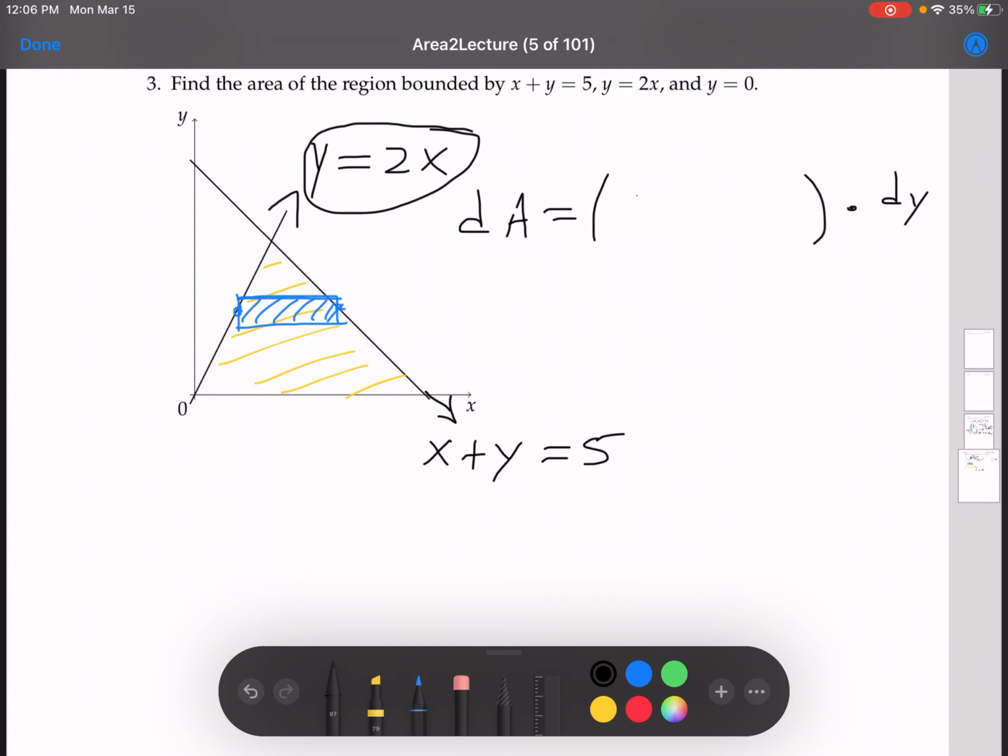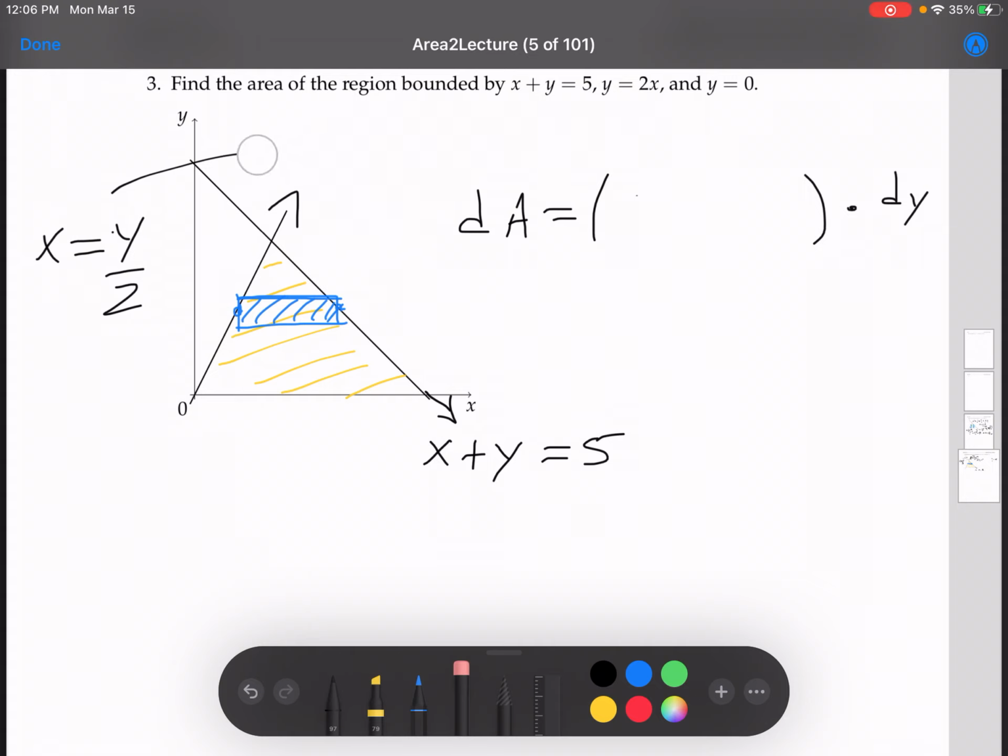So to write it as a function of y, we need to solve for x. So solving for x, we have x equals y over 2. So I'll put that in over here. x equals y over 2.